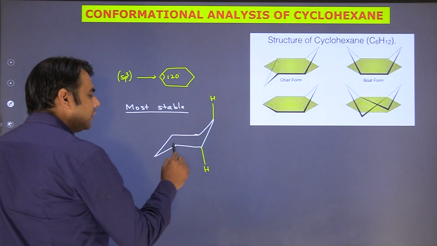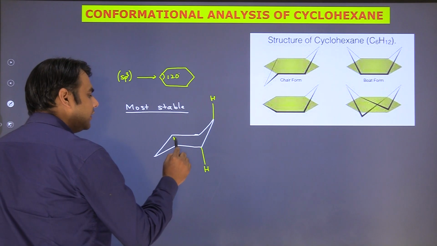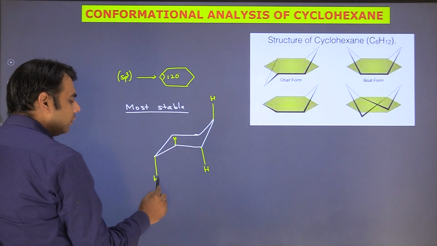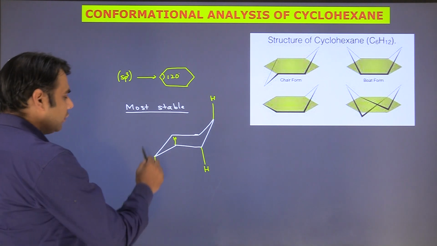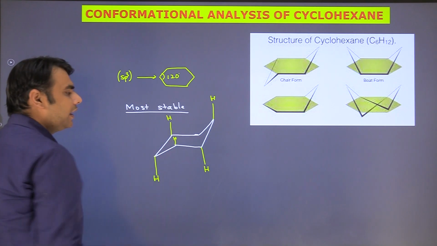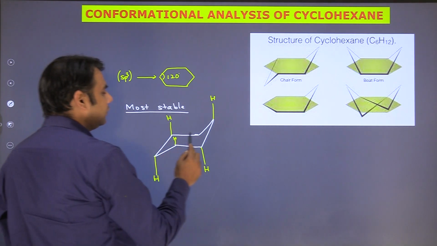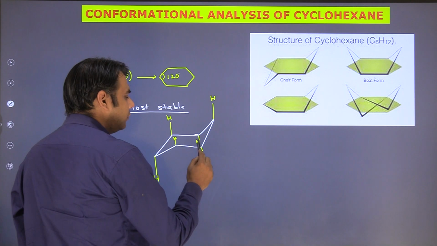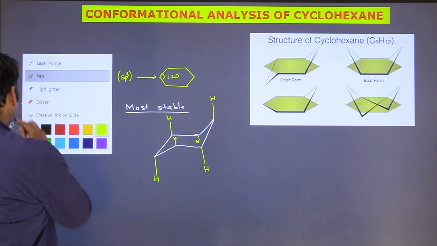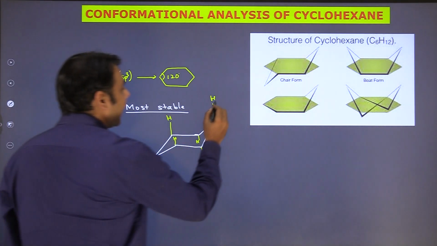Now similarly this hydrogen is going down, so here the hydrogen will go up. Because here hydrogen is going up, here the hydrogen will go down. Now because here hydrogen is going down, the next adjacent carbon will have a hydrogen going up in the plane. Now because here hydrogen is going up, this hydrogen will go down in the plane. So basically these types of hydrogens are called the axial hydrogens.